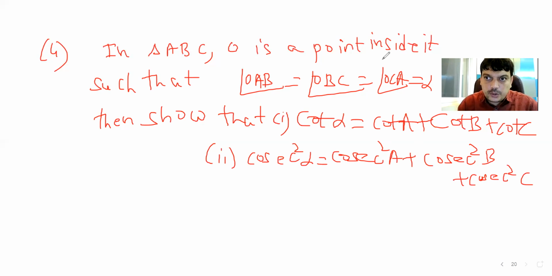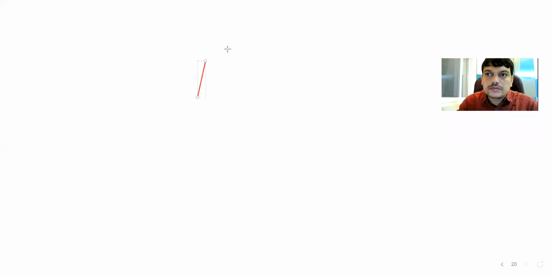Yeah, so all of you please make a note. Let's discuss this. I'll just make a clear diagram first. So we have a triangle. Let me draw the triangle first.